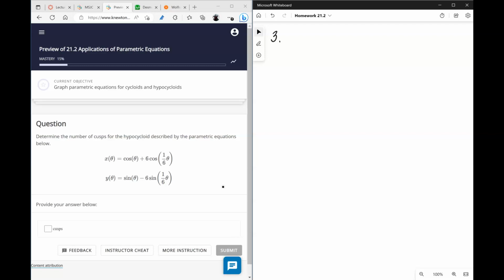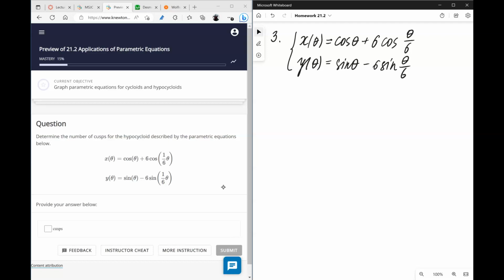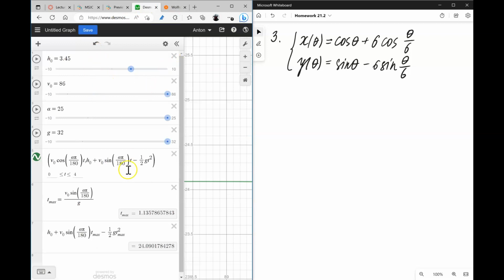Determine the number of cusps for the hypocycloid described by the parametric equations. As I'm not myself fluent with hypocycloids, I don't expect you to be hypofluid with hypocycloids. So Desmos is your best friend here. And as long as you understand what a cusp is, I think just graphing this is the way to go.